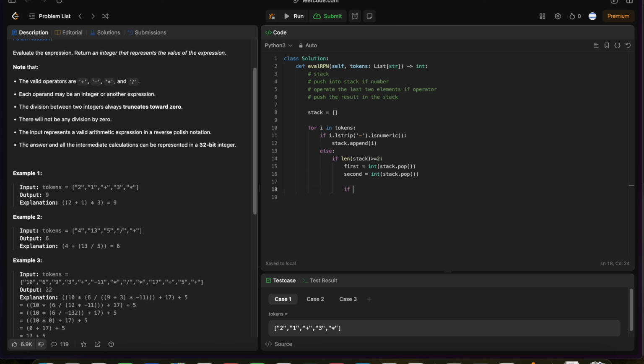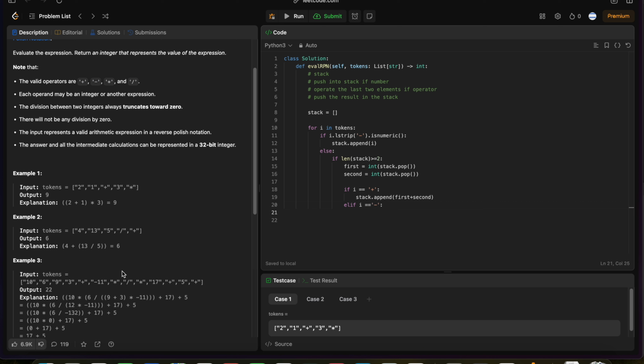Again, if i equals plus, stack.append first plus second. Let's copy this, and elif i equals minus.